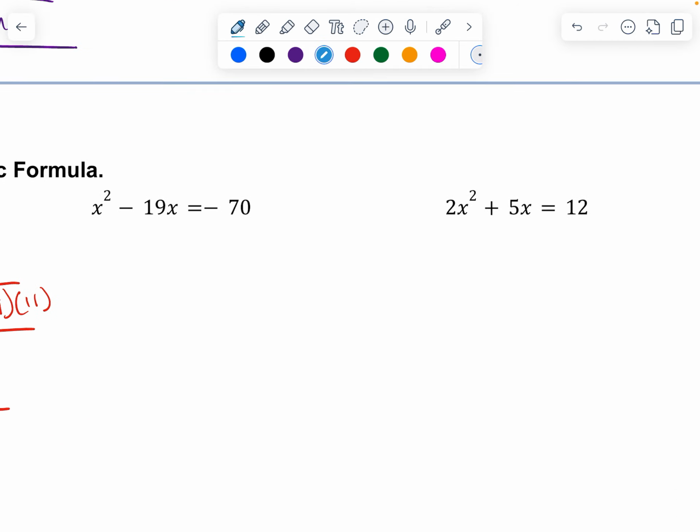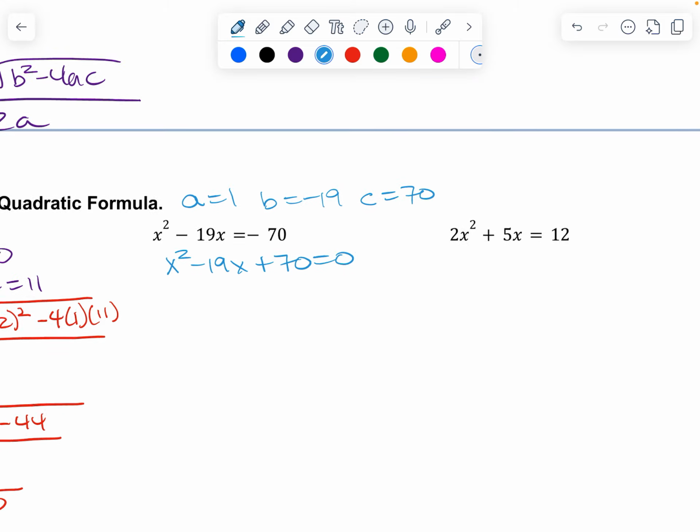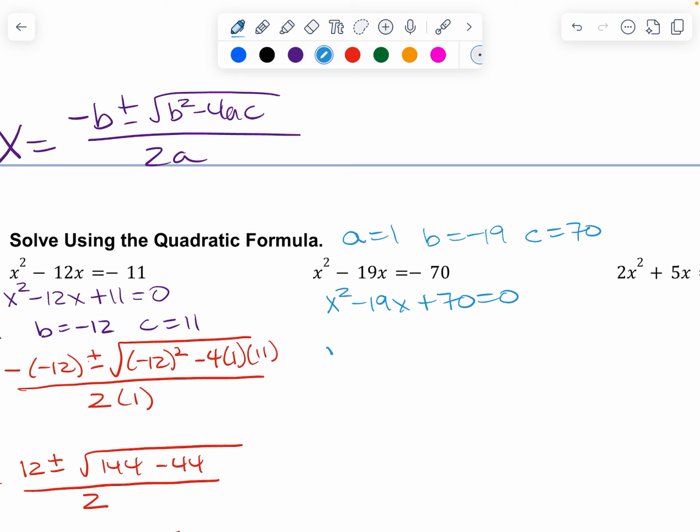Okay, again, x squared minus 19x plus 70 equals 0. A value is 1, b value is negative 19, c value is 70. So x equals negative b plus or minus the square root of b squared minus 4 times a times c all over 2a.